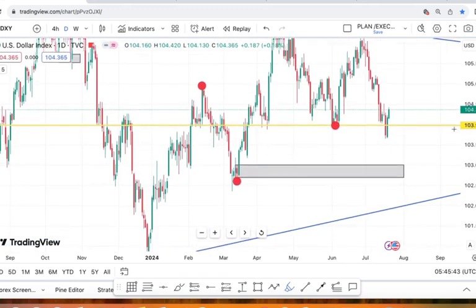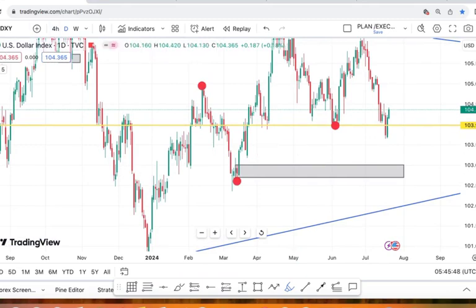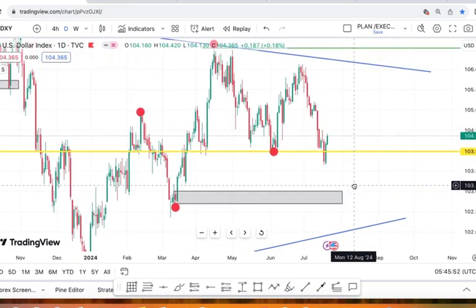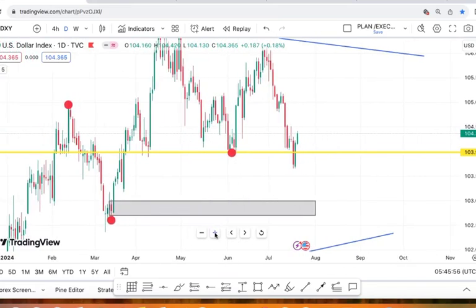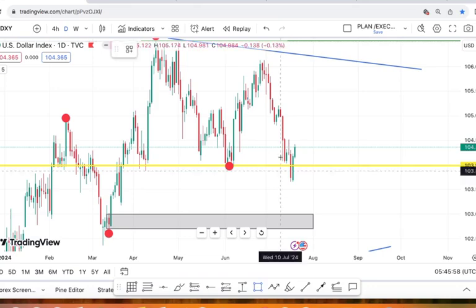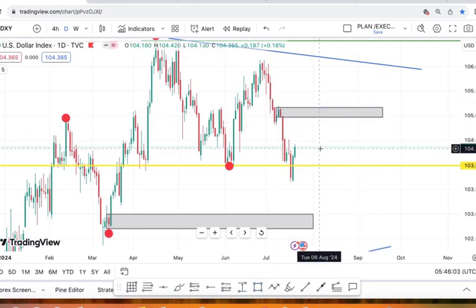On the daily, we have this demand zone resting below price, and we equally have this supply zone here.